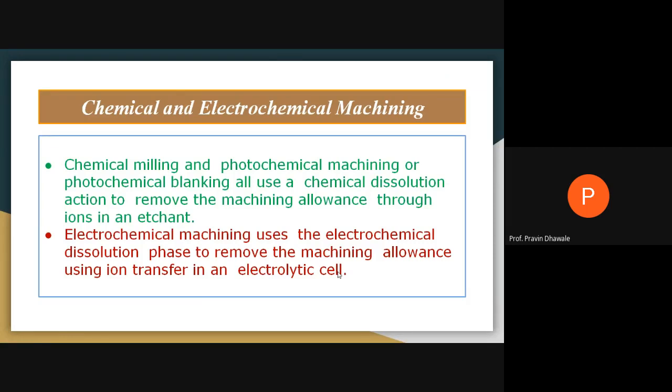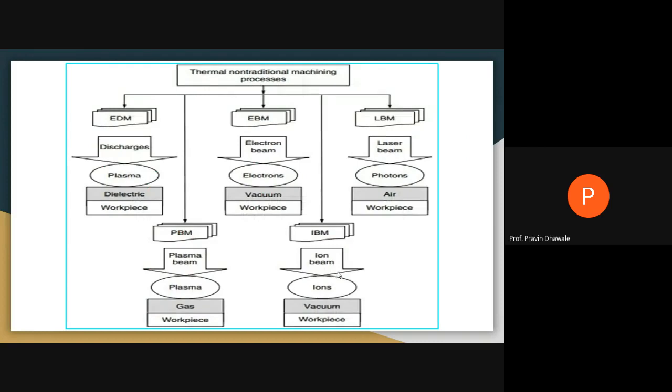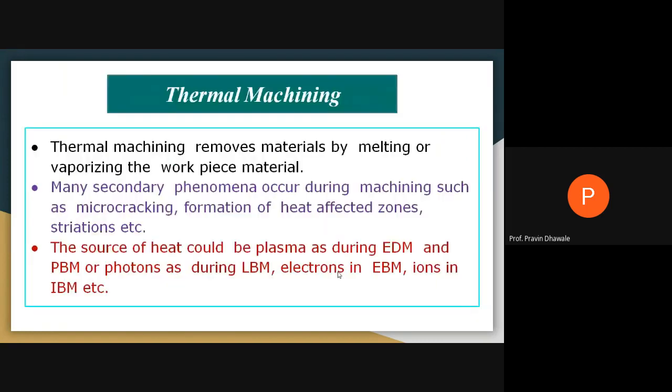In electrochemical machining, we use the electrochemical dissolution phase to remove the material, which passes through the electrolyte solution. This is thermal energy. In thermal machining processes, material is removed by melting or vaporization of the workpiece.